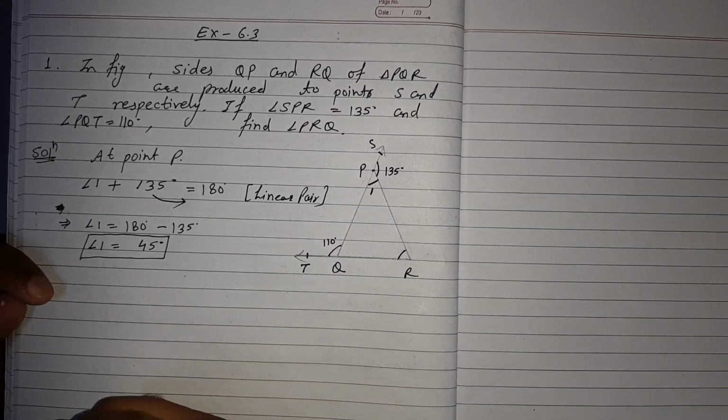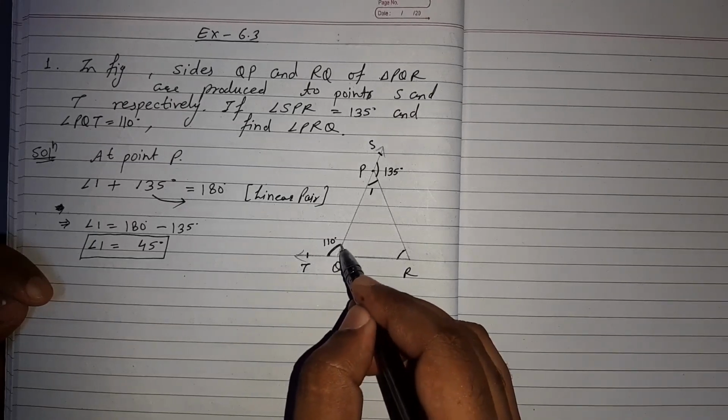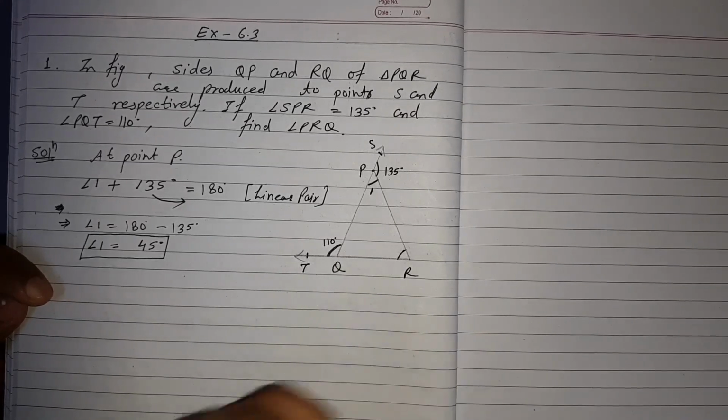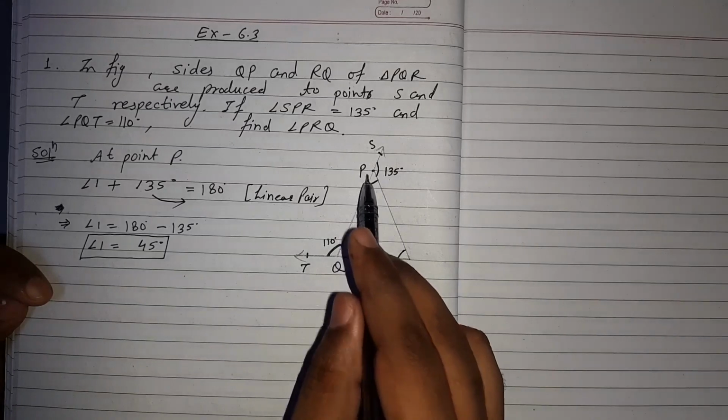Now by using the exterior angle property of a triangle, this exterior angle 110 is equal to the sum of the two opposite interior angles, angle 1 and angle PRQ.